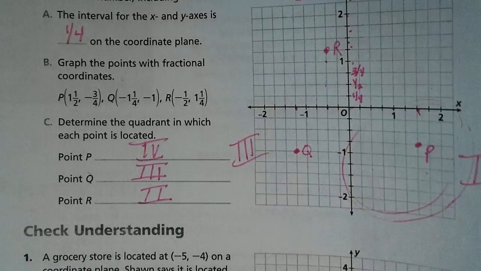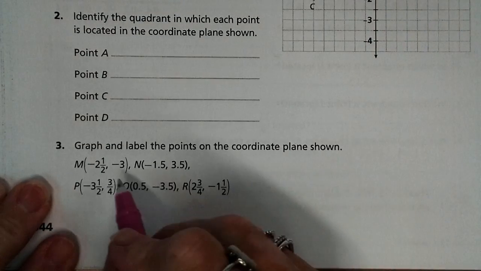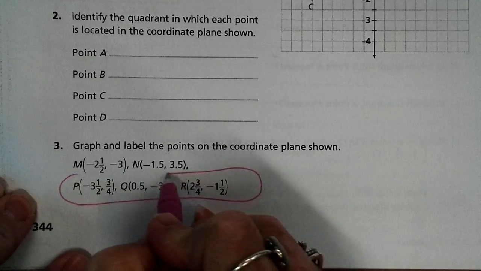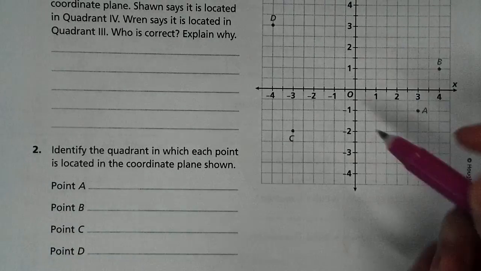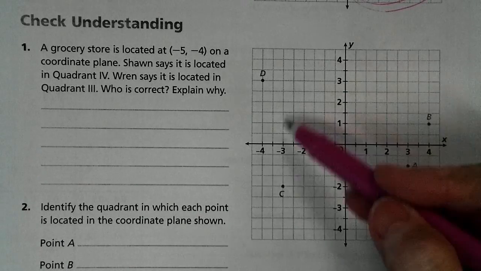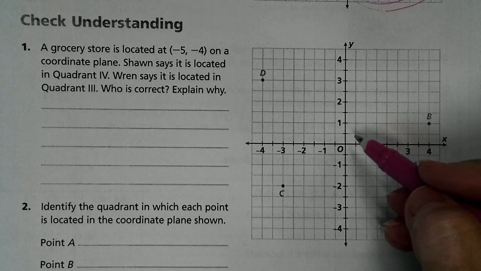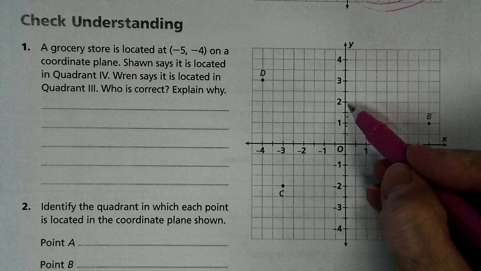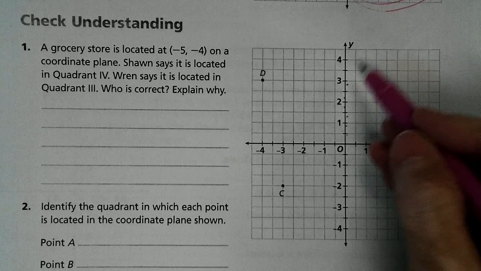Okay. All right. So number 3 is kind of the same thing. We're graphing halves, right? So I want to look at this one right here. Okay? So if we use this coordinate plane here, you can see that my intervals are only 1/2. So this is 1/2, then 1, then 1 1/2, then 2, then 2 1/2, and 3, right?